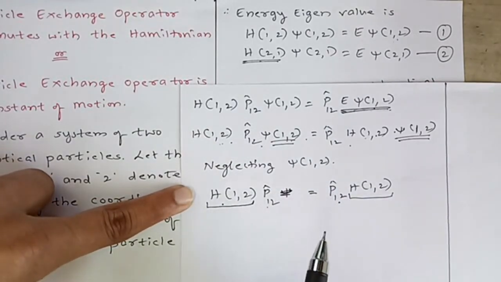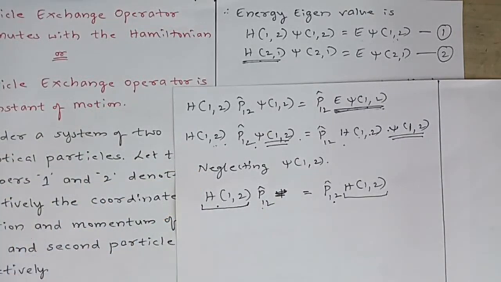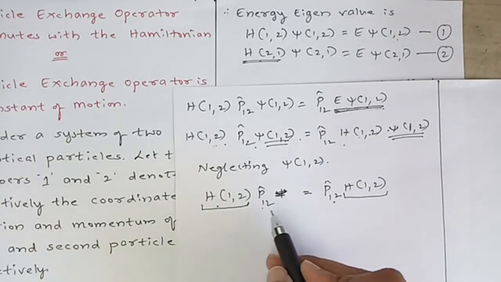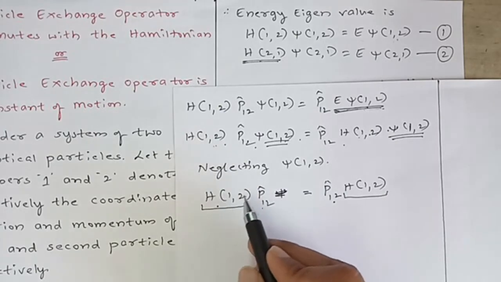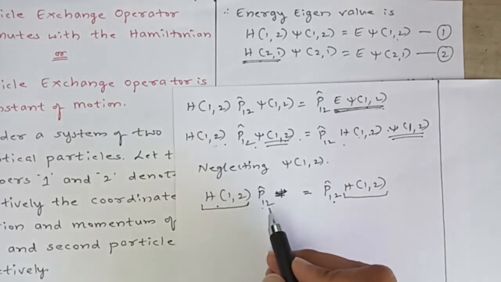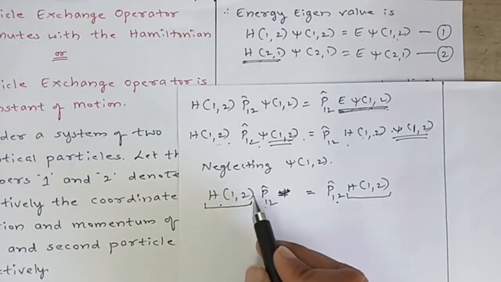As these are operators, we know from basic mathematical formulation that the order of the operators matters a lot. We cannot just exchange the operators. If we have constants, then we can easily exchange, but when we have operators, we cannot.